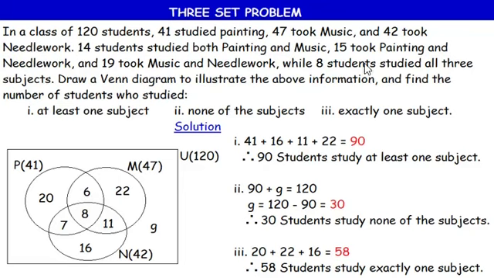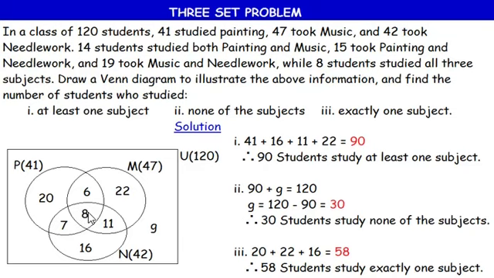Okay, let's move on. 15 took painting and needlework. So P and N. This entire oval portion must be 15. But then 8 offer all 3 subjects, so this portion here is 8.